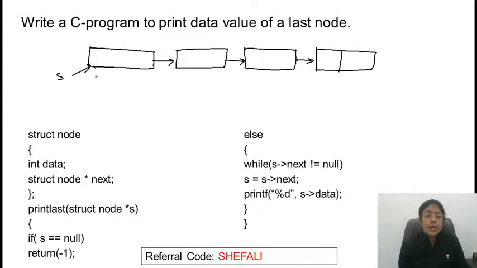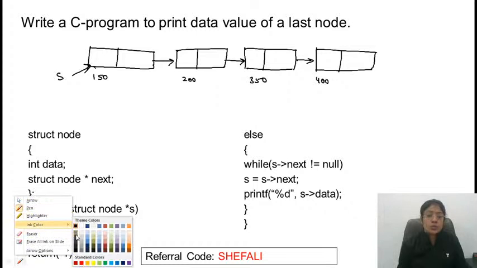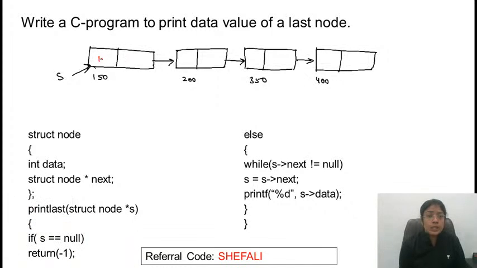Let's assume that this was created at 150, 200, 350 and 400. Since this is the last node, okay, so as you have returned the answer as 40, so let me keep the data as 10, 20, 30 and 40. बच्चे आप कोई भी ले सकते हो. This is the last node.